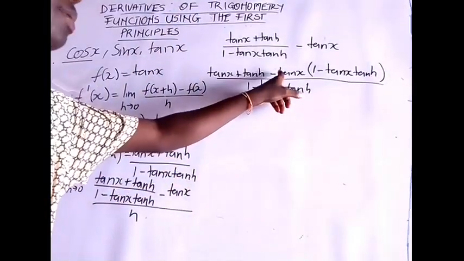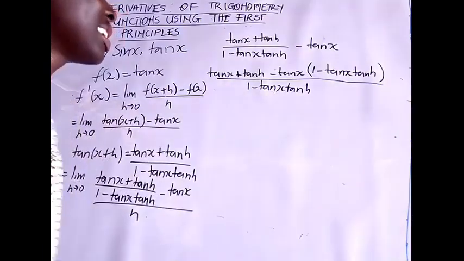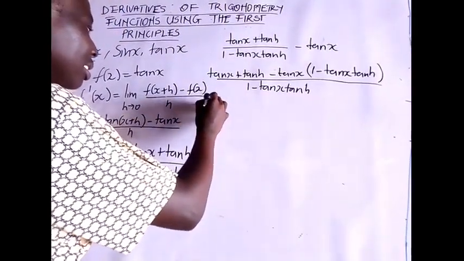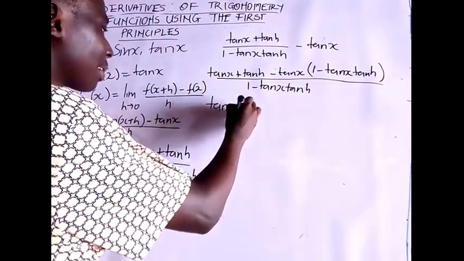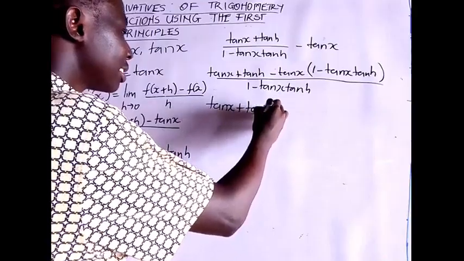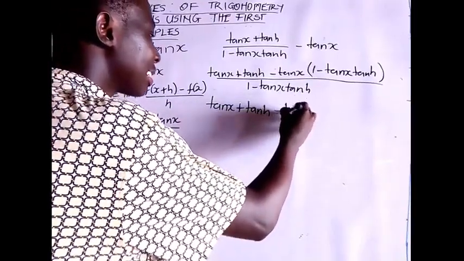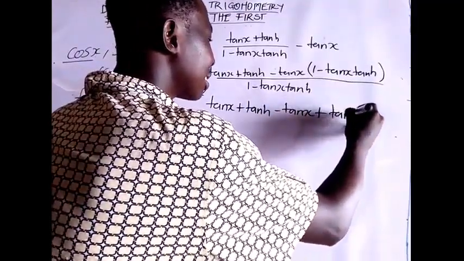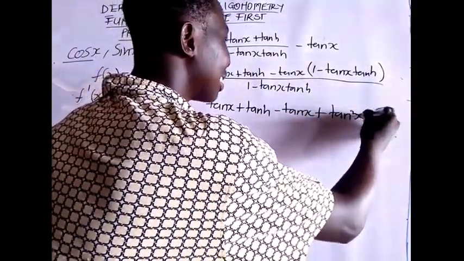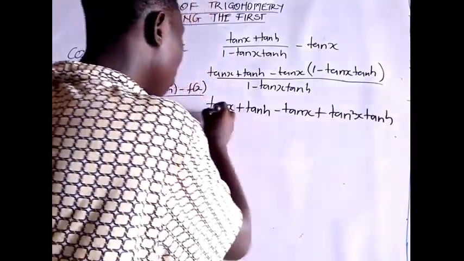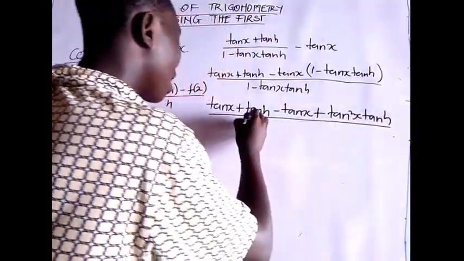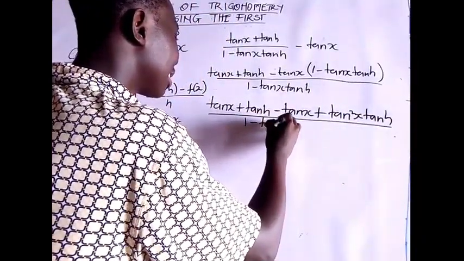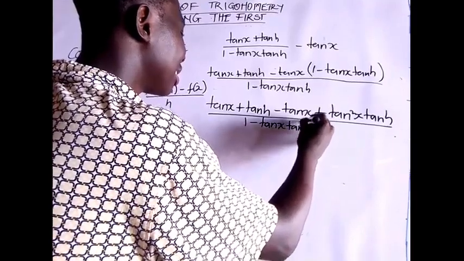So we multiply this by minus tan x. So we get tan x plus tan h minus tan x plus tan square x tan h, all over 1 minus tan x tan h.